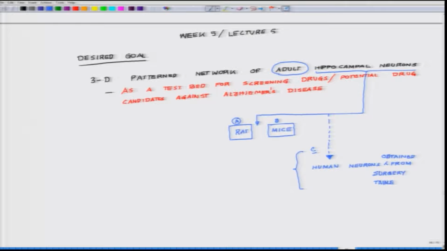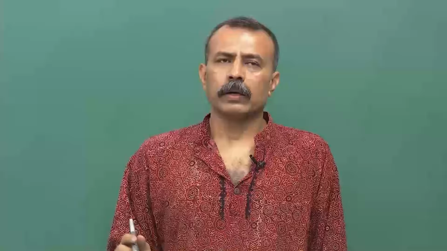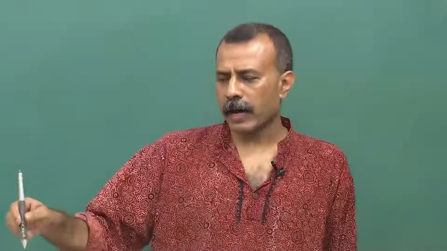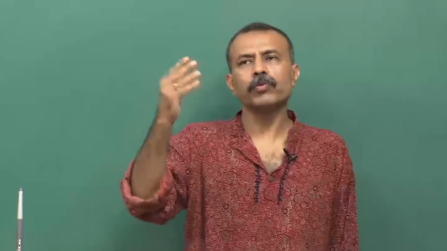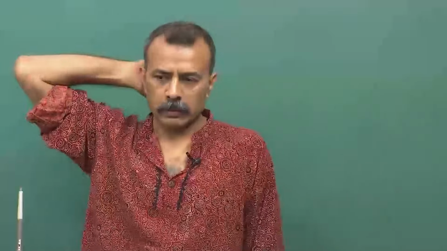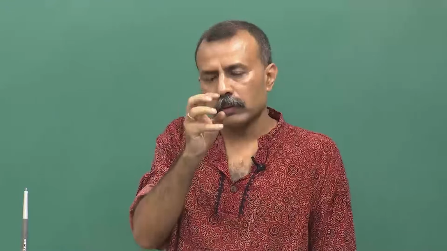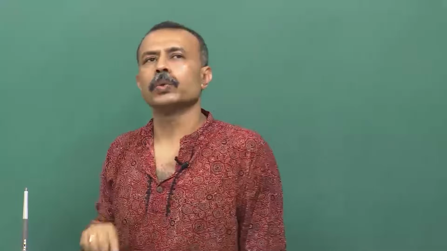And we will talk about how you can obtain the human neuron. Especially this can happen if, say for example, there is a brain tumor surgery going on. When they remove the tumor from the human brain, a part of the good brain tissue is also lost.